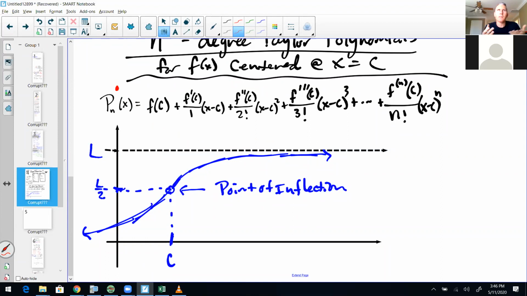Let's say it's the number of alligators on a small island where the population is growing, but you can't continue to grow because there's just not enough resources for all of those alligators to survive.